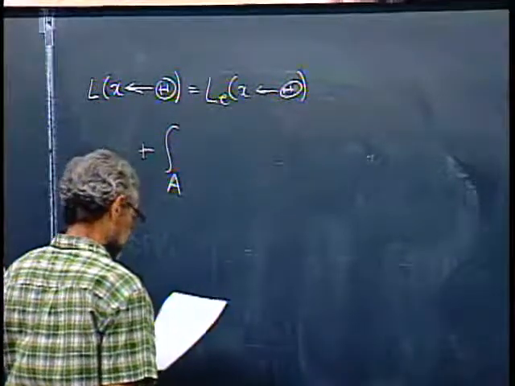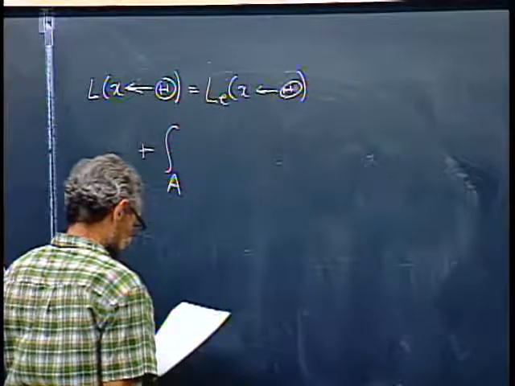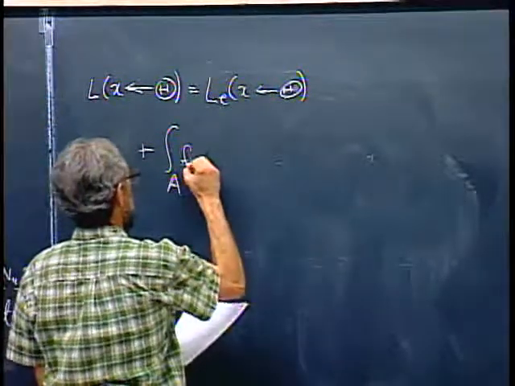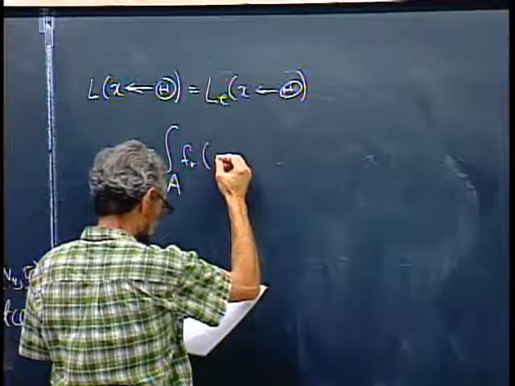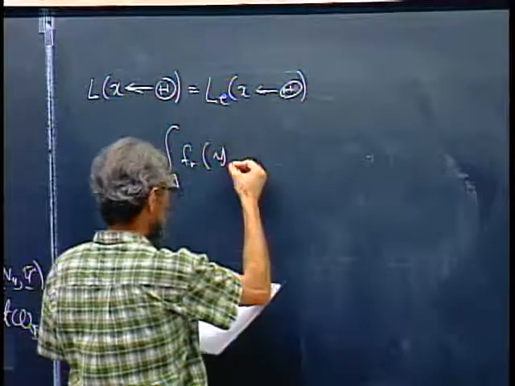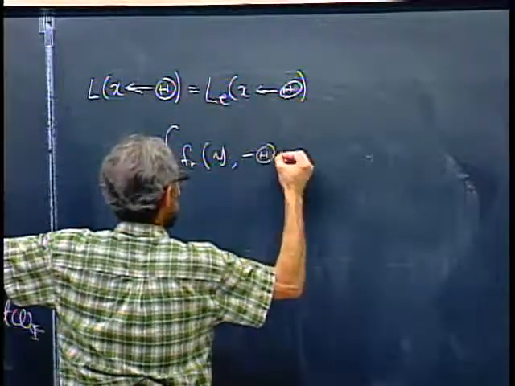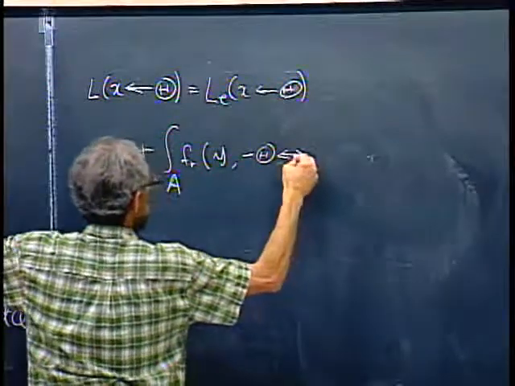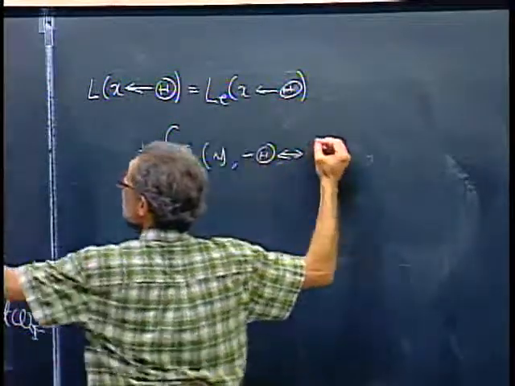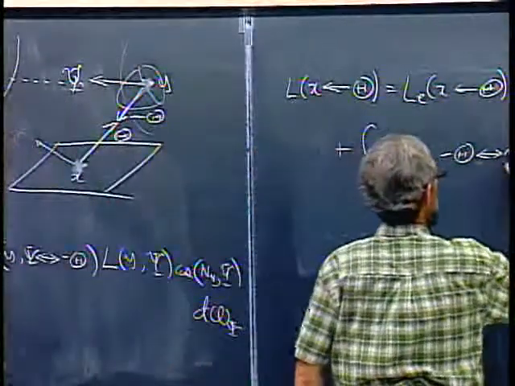let's see if I can do this right. Fr at y, and it's going to reflect in direction minus theta, and it's going to come from this direction from y to z.